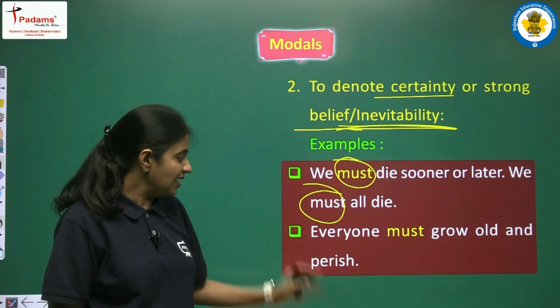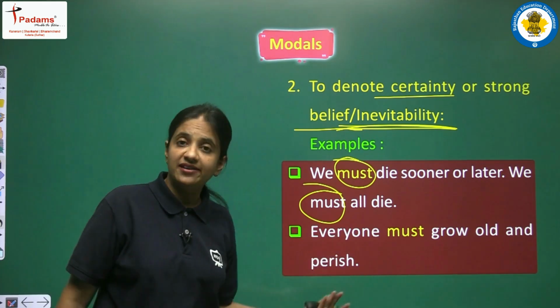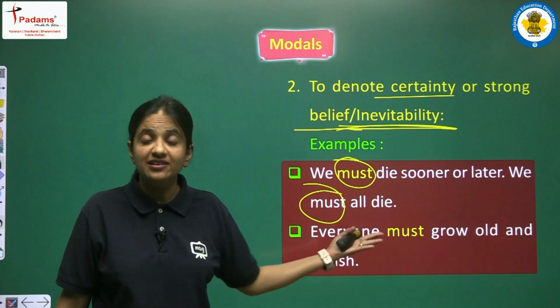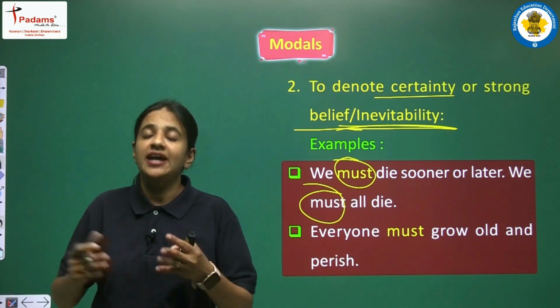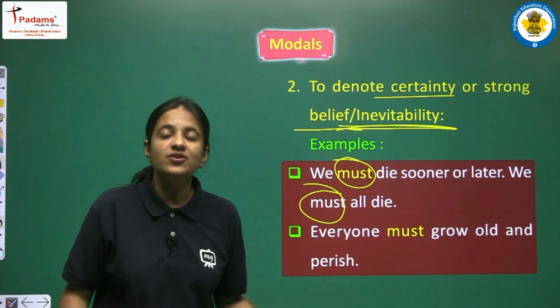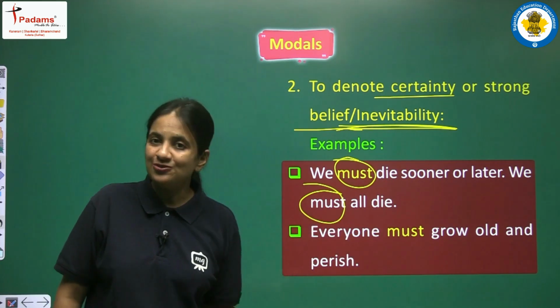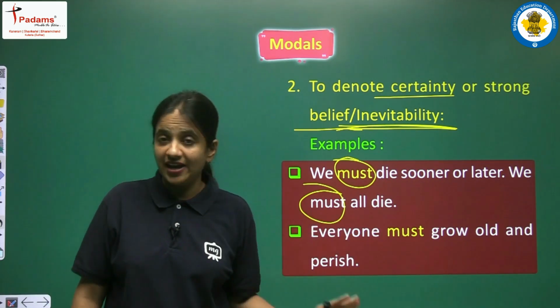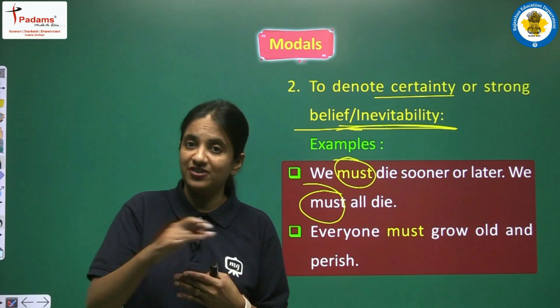Okay, another example, everyone must grow old and perish. Again, this is another fact, another true fact that is associated with human beings, that yes, we all are having different phases of life, and yes, we all have to grow old, whether we want it or we don't want it, but this is not in our hand, this is not in our control, and we have to go through all the phases of life.